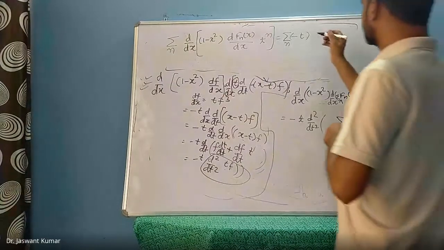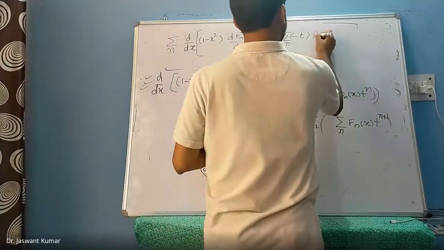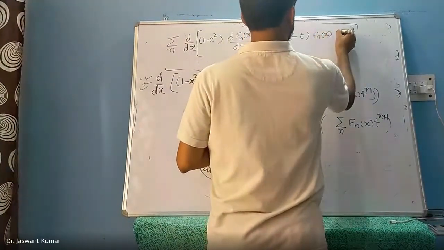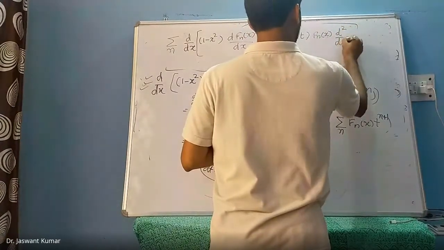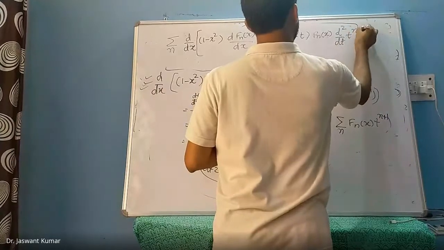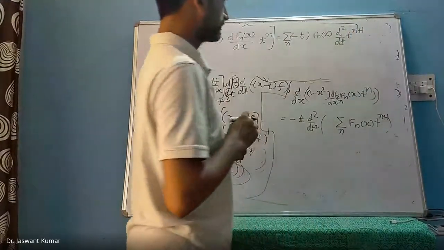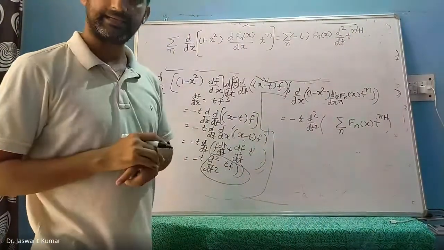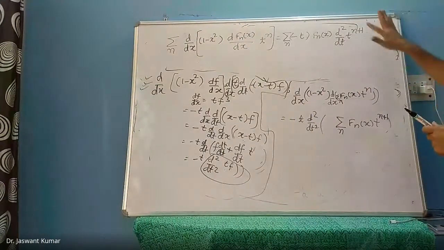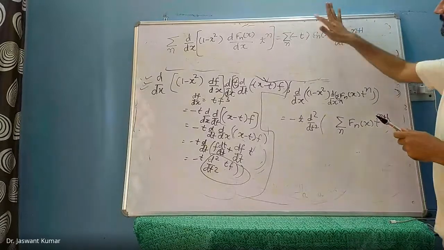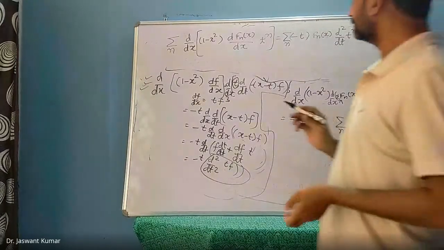So that means you can write minus f_n(x) and then d2 by dt2 of t to the power n plus 1. Please tell me, what is d2 by dt2 of t to the power n plus 1? Any of you, please?